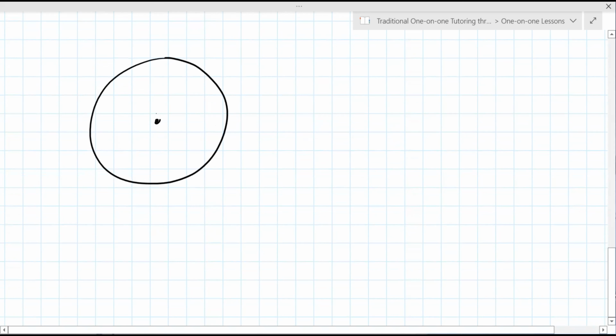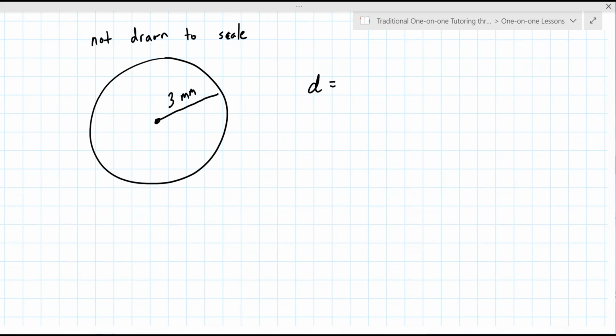Let's say the circle has a radius of 3 millimeters. Okay, so this is not drawn to scale. Give me the formula for diameter, please, Sourish. The formula for a diameter.